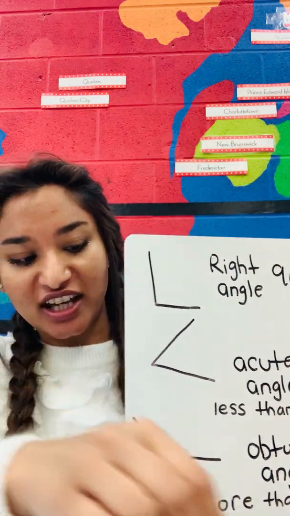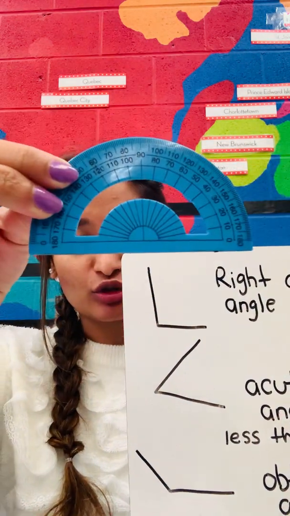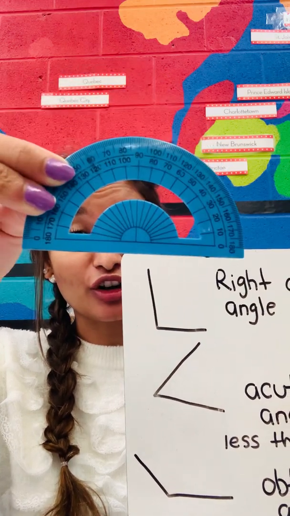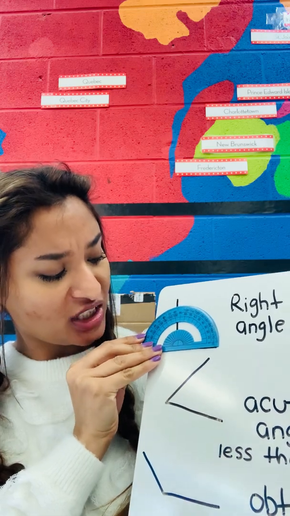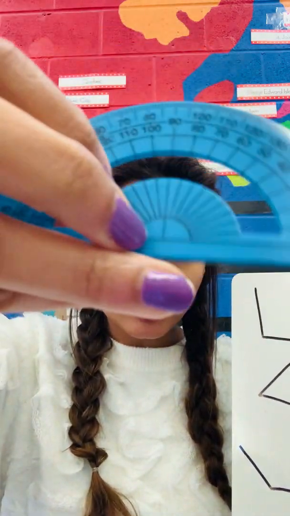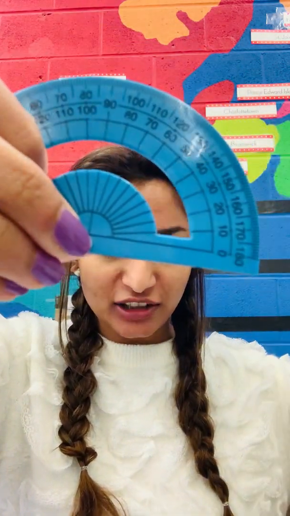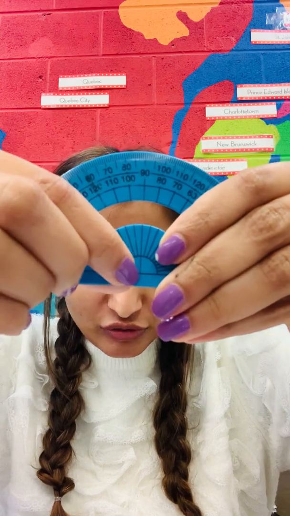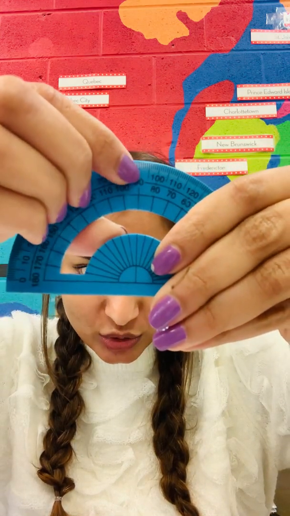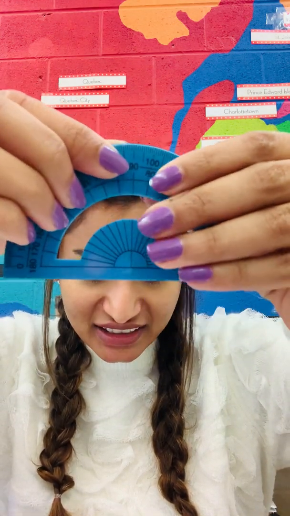What's a 90-degree angle? So this is a 90-degree angle, and we use a protractor to measure it. So I would put it here, and I would look at my middle line right here, the line that goes straight to the top, so right from here all the way to here, do you see it says 90?